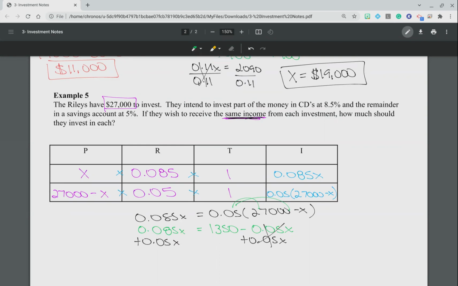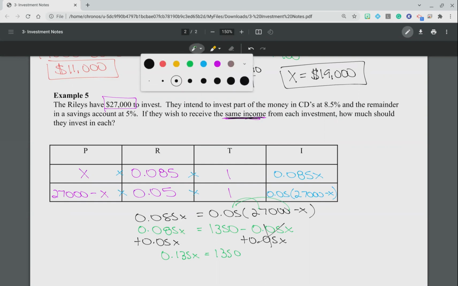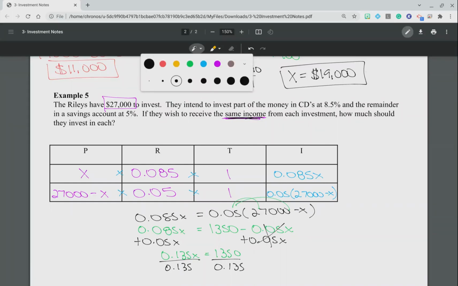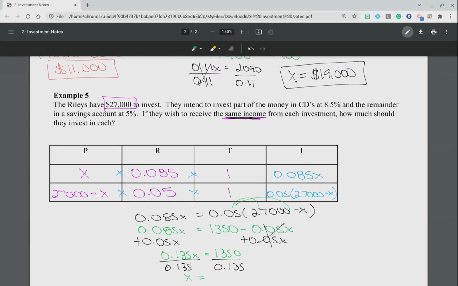And I get 0.135x is equal to 1,350. And then my last step is that algebra step, to divide. All right, so when I do this, I get x equals 10,000.